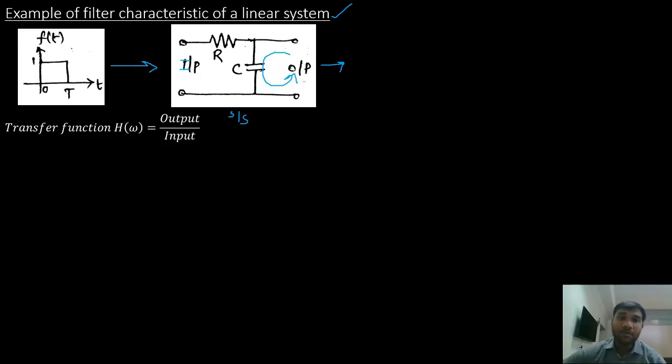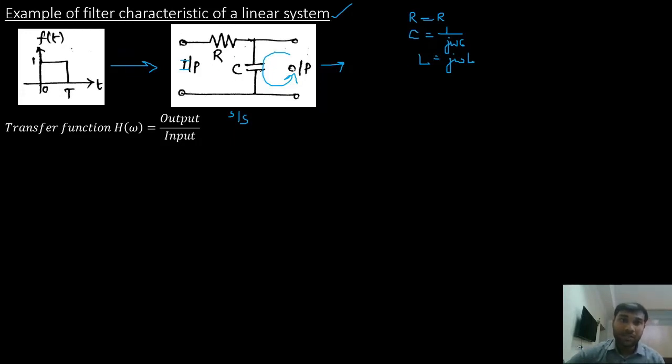If you remember, we have already discussed this: R must be replaced by R, C must be replaced by 1 by j omega C, and L by j omega L to find the transfer function.